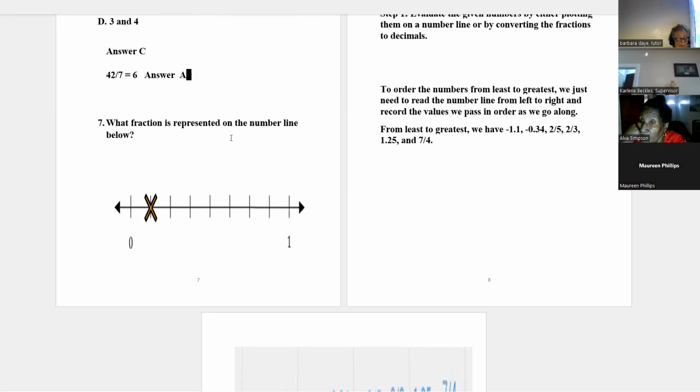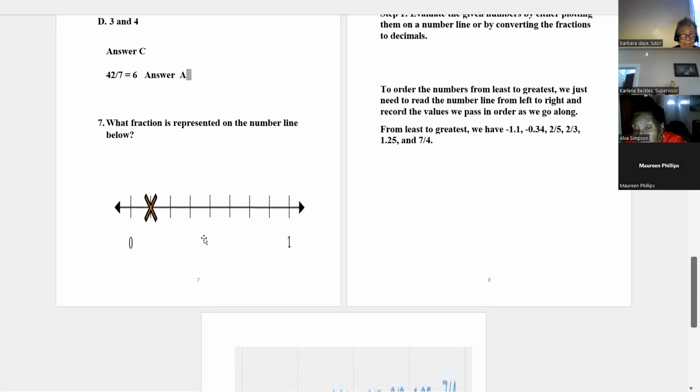1/2? No. Look, you see 0 and you see 1, and then an X. Now, how many hash marks do you see between 0 and 1? 7. That means each hash mark is 1/8.